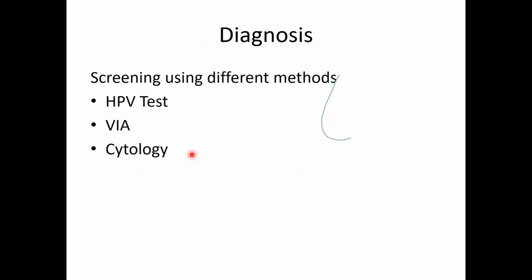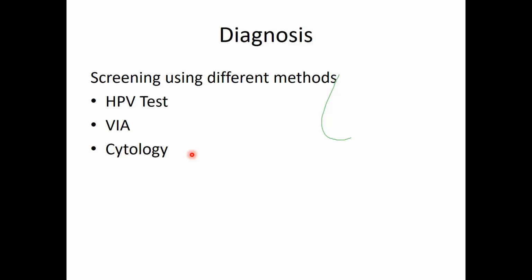So, what is the mode of diagnosis? Diagnosis means what? We need to realize the eligibility criteria: any woman who has ever had a sexual encounter in her lifetime is at risk of getting HPV infection. But not all women will end up with cervical cancer. So we have different tests that we use in screening.